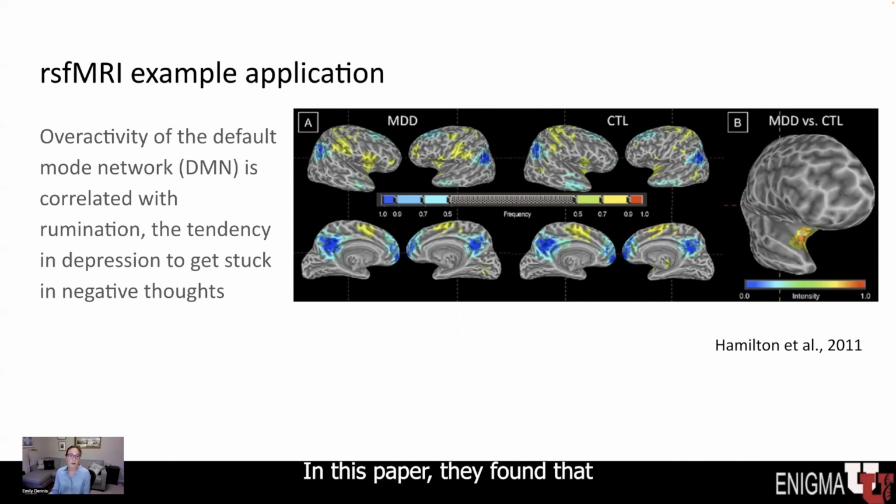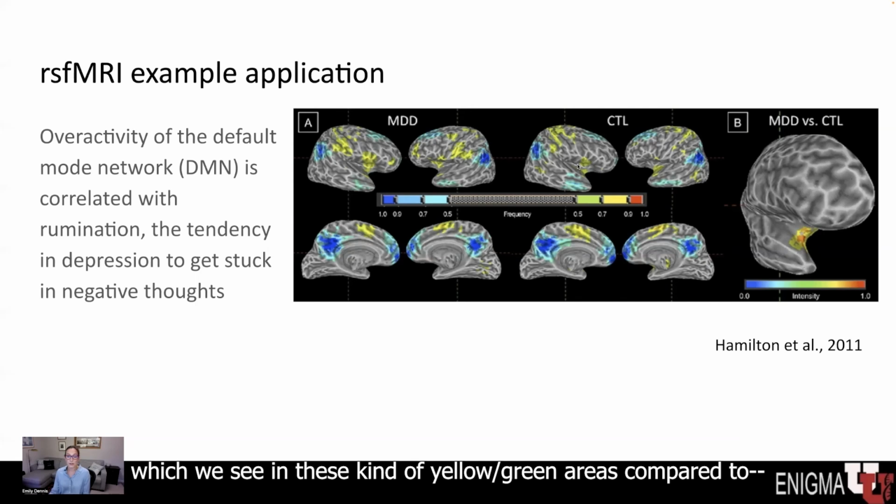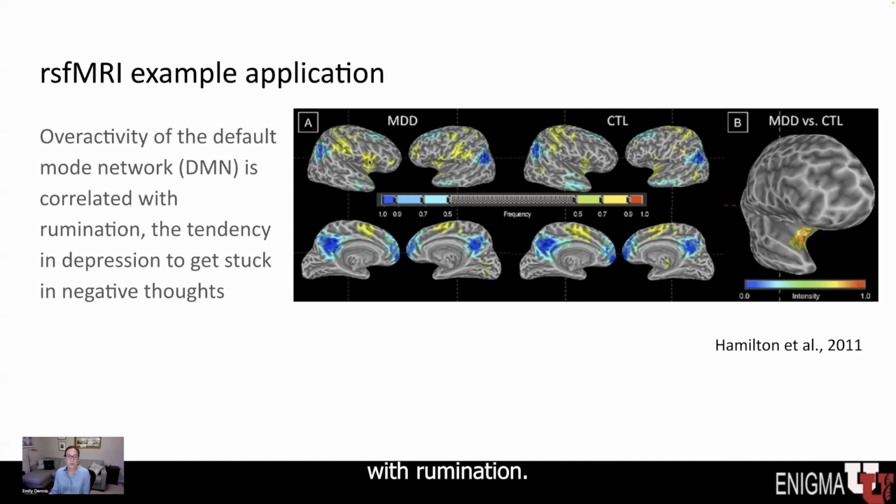And in this paper, they found that overactivity of the default mode network, which we see in these yellow-green areas, comparing people who have depression versus people who do not have depression, was correlated with rumination.